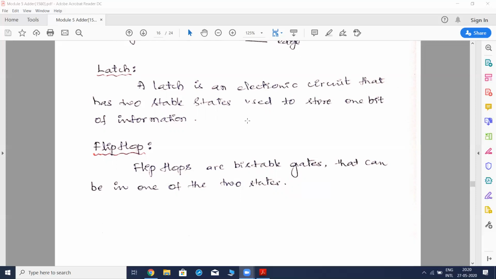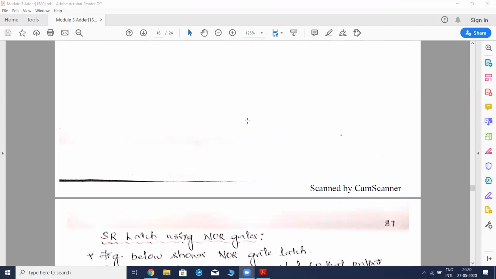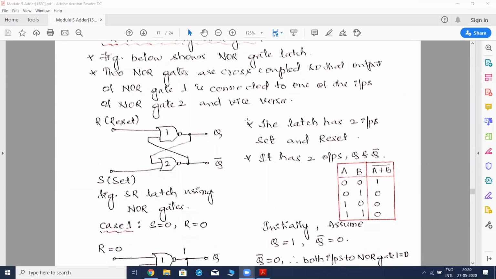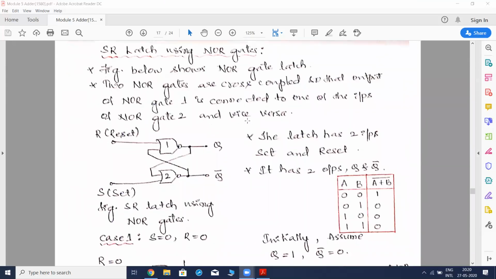So it is nothing but a bistable gate, and it is also capable of storing one bit of information. But there is a difference between a latch and a flip-flop that we are going to see. First we are going to start with the latches.